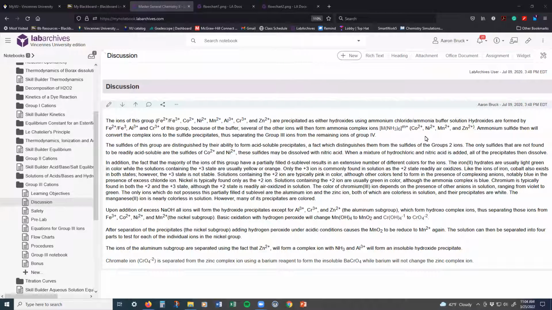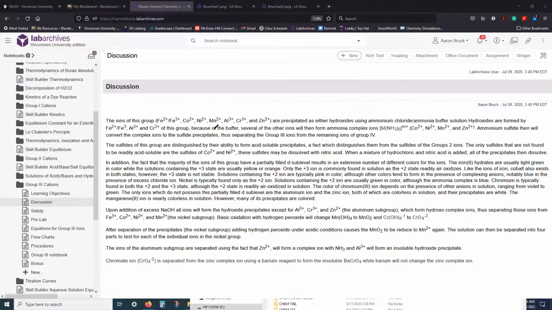So where we need to start is to look at what it is that we are actually investigating here. As far as the group 3 analysis is concerned, the majority of these are transition metals. We've got iron ions, cobalt, nickel, manganese, aluminum, chromium, and zinc.